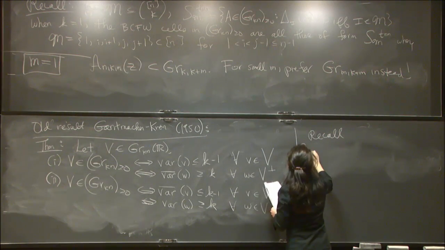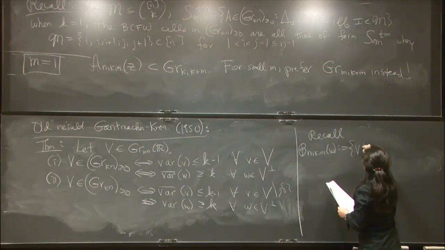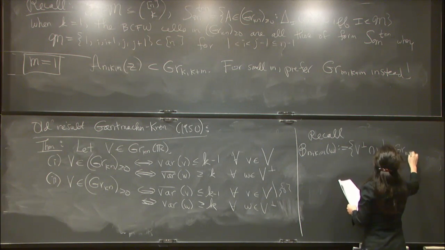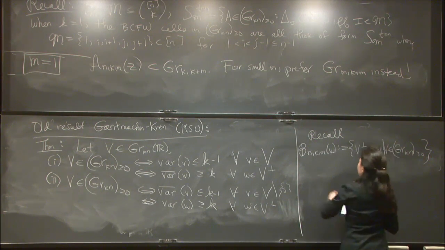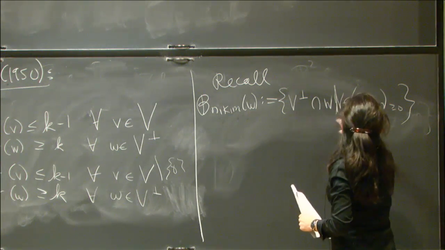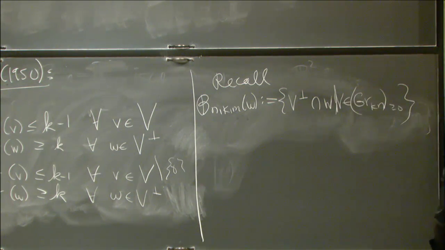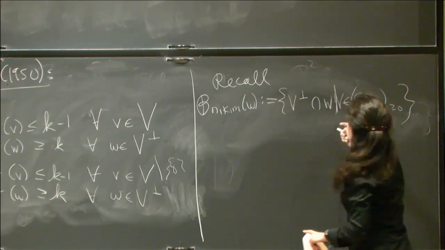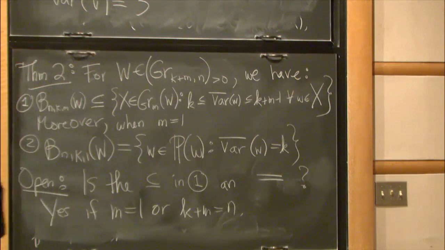Recall that B_{n,k,m}(W) can be thought of as V perp intersect W, where V is in the totally non-negative Grassmannian Gr_{k,n}. But now V is in a totally non-negative Grassmannian, and W is also coming from a totally positive Grassmannian. So we apply this theorem separately to both of these things, and we get precisely this inequality.